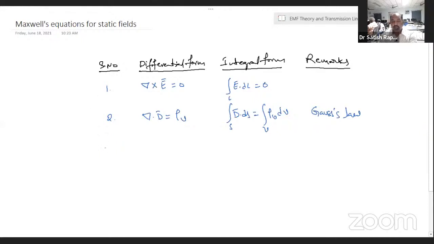And the third Maxwell's equation: here delta cross h bar is equal to j, and line integral h bar dot dl is equal to the surface integral over a closed surface of j dot ds.